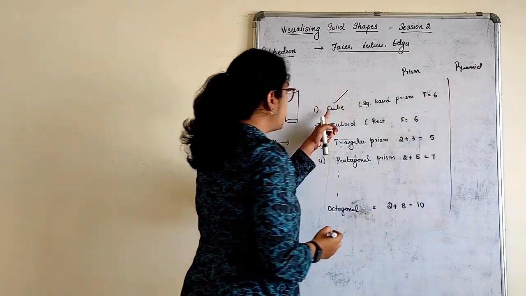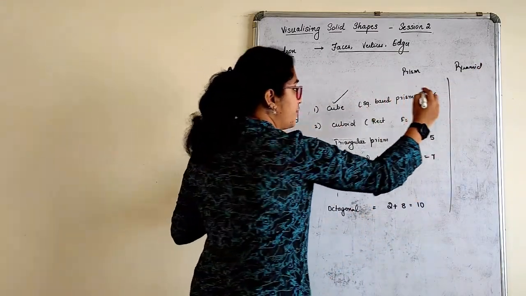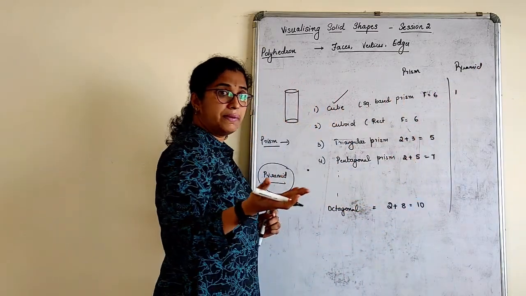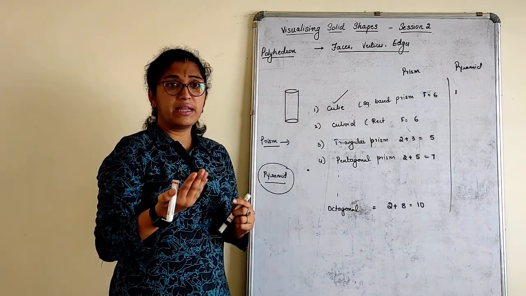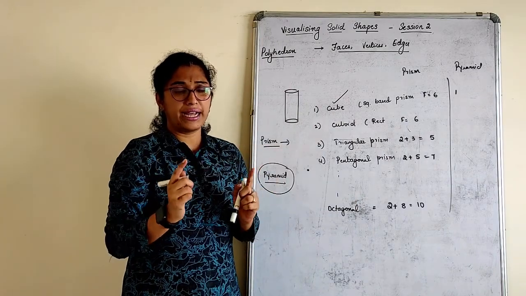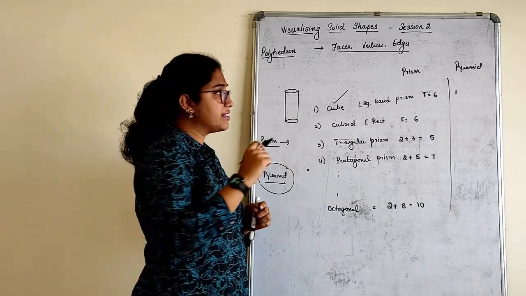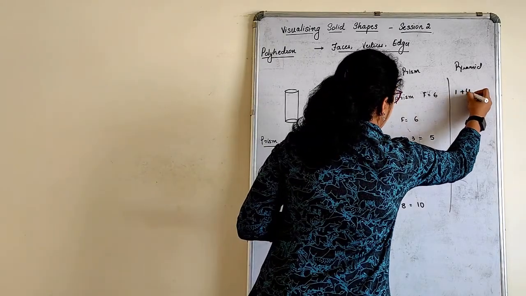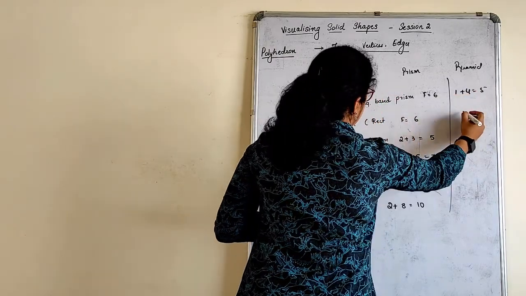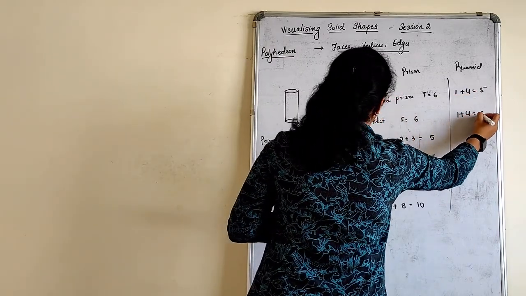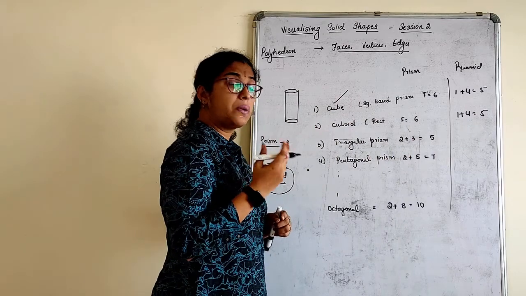A square-based pyramid. First of all, one is the polygonal base, which is a square. Square means how many sides does it have? 4, right? So how many triangles does it have to have? Of course, 4 triangular faces. Plus 4. This again the same thing. 5. Triangular-based pyramid.